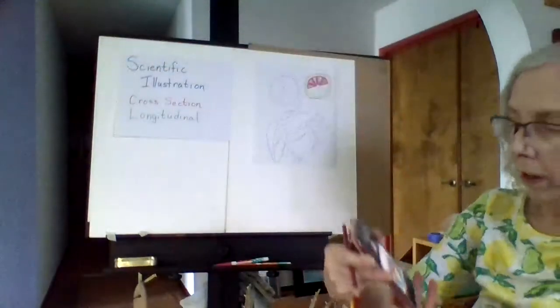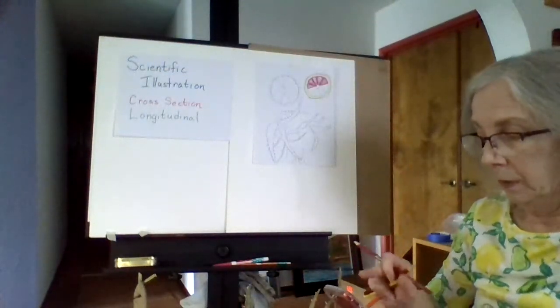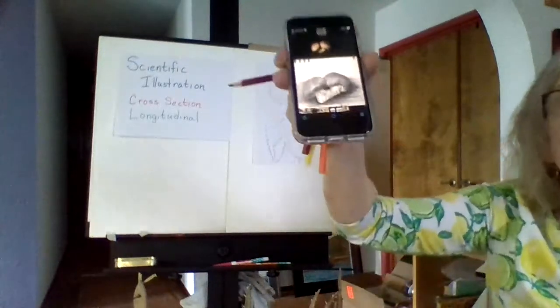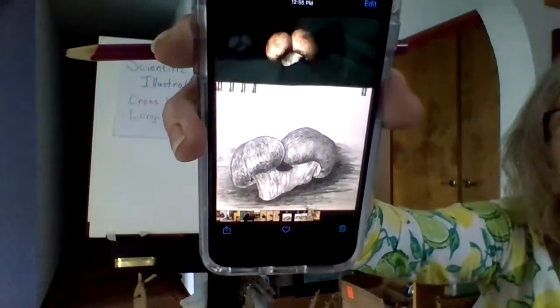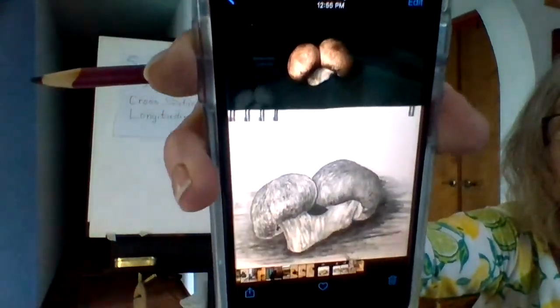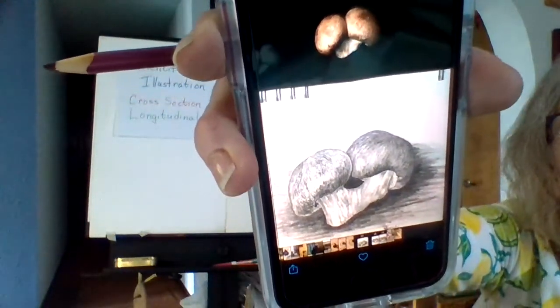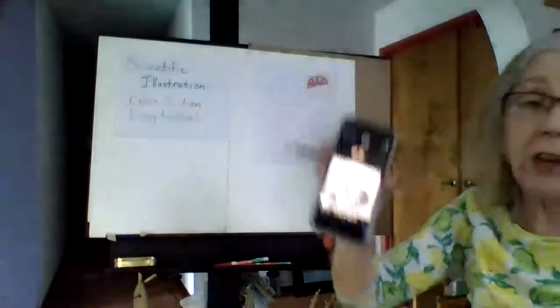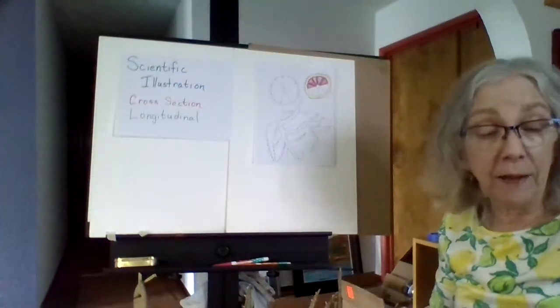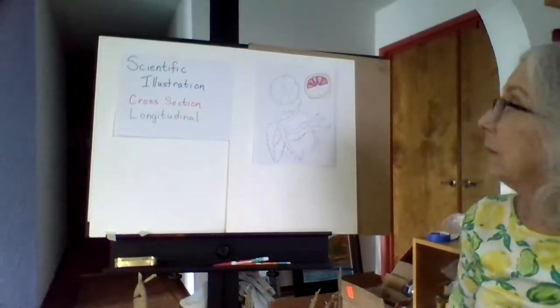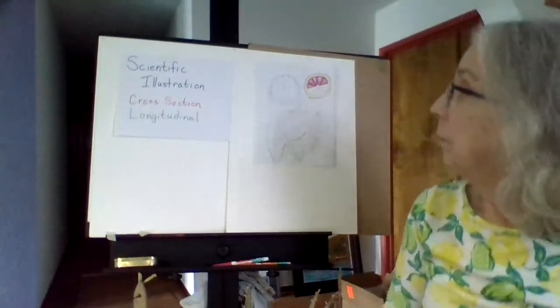So I did one drawing in color. But first I did one drawing in black and white, just using my drawing pencil. And I just liked the shape so much that I drew it again in color.